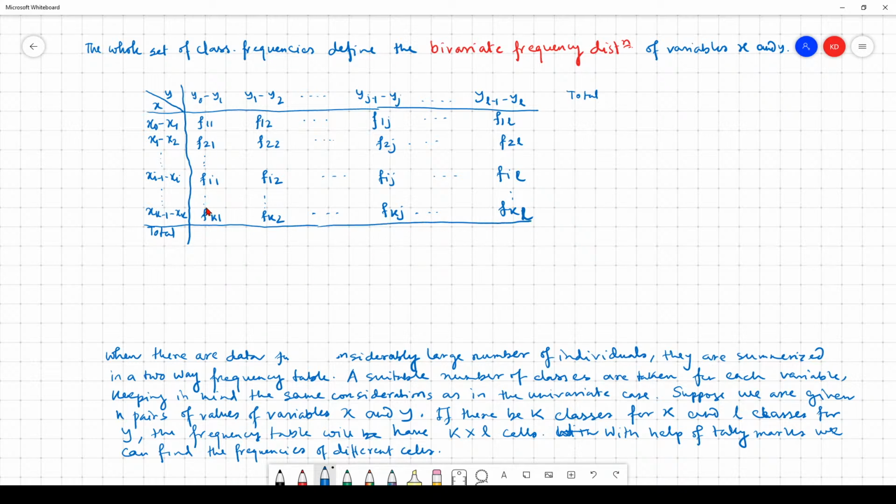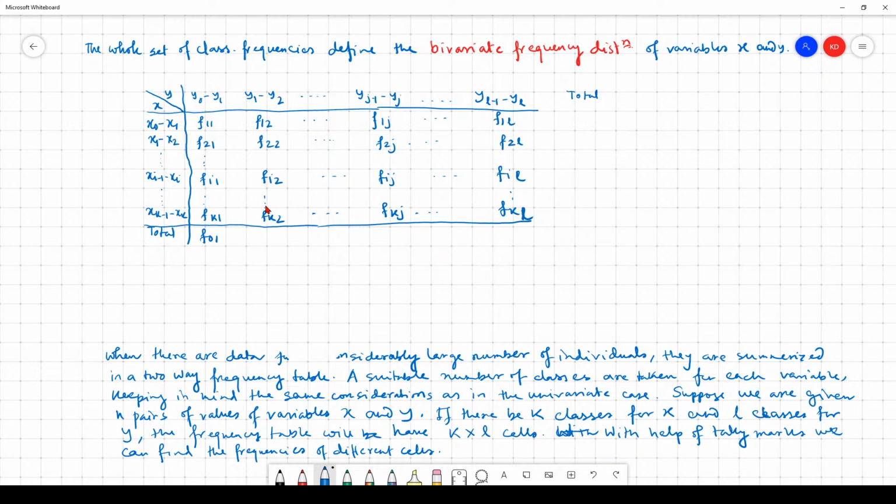The sum of these frequencies, that is f11 plus f21 plus fi1 plus fk1, is denoted by f01.